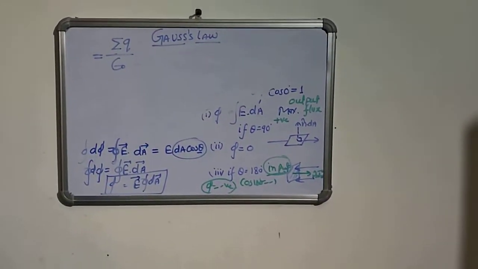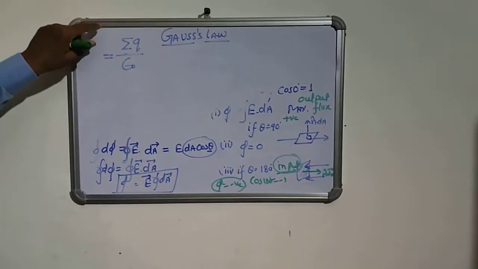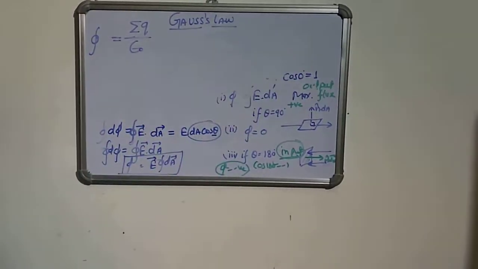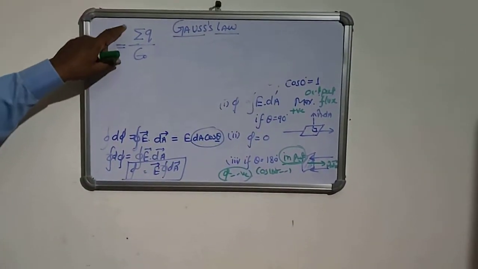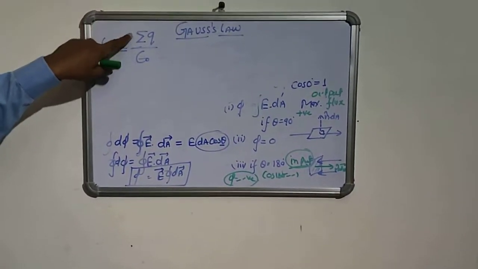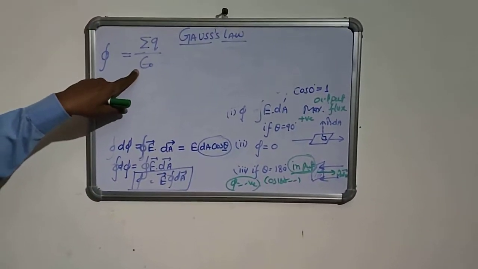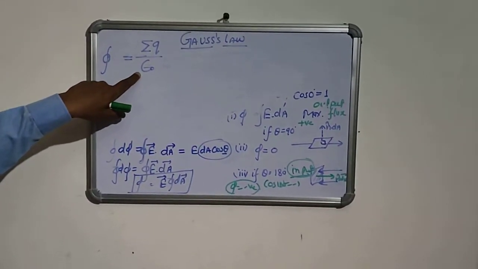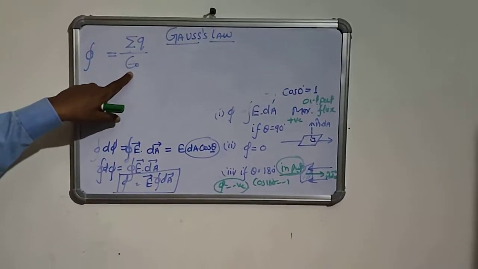I repeat, according to Gauss law, net emitting flux or output flux is equal to the ratio of total charge enclosed by the surface and permittivity of free space, vacuum or medium. Here we use the permittivity of free space.